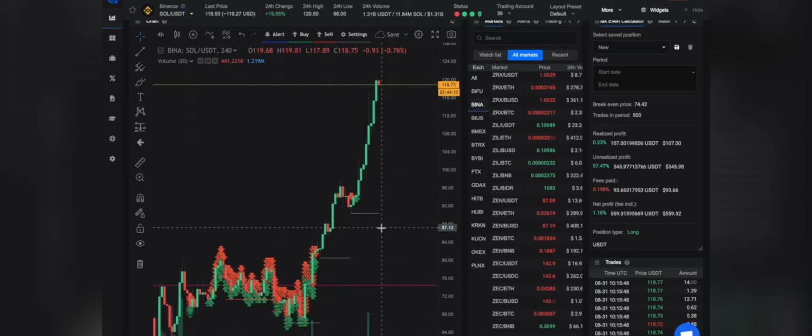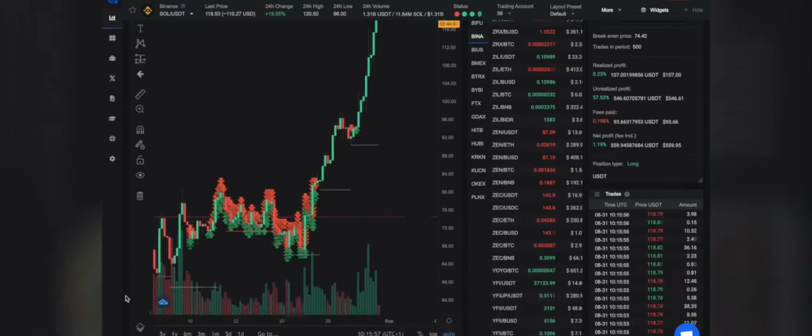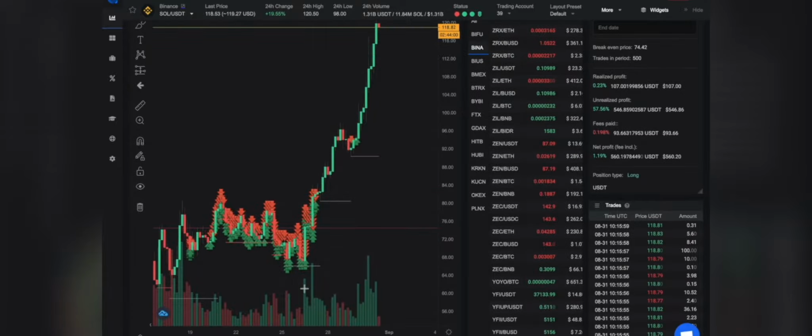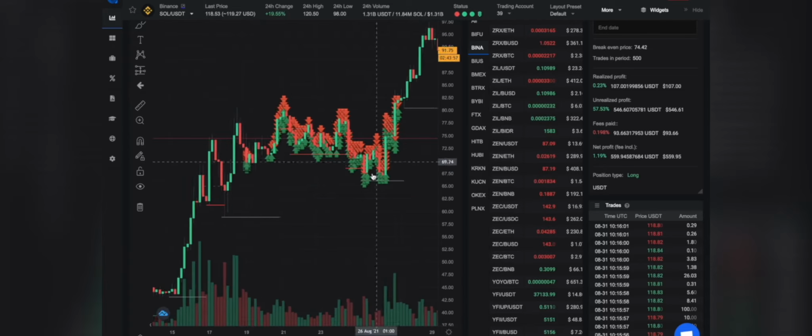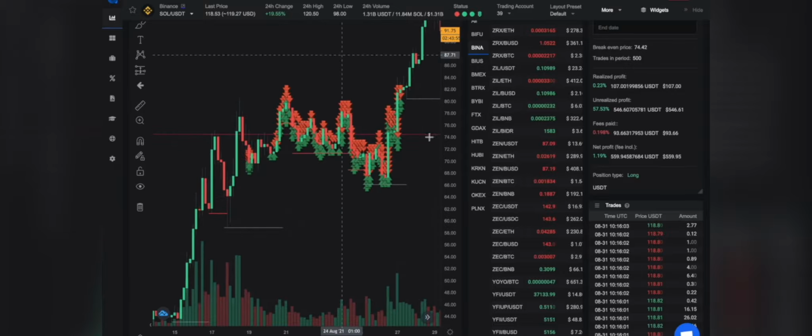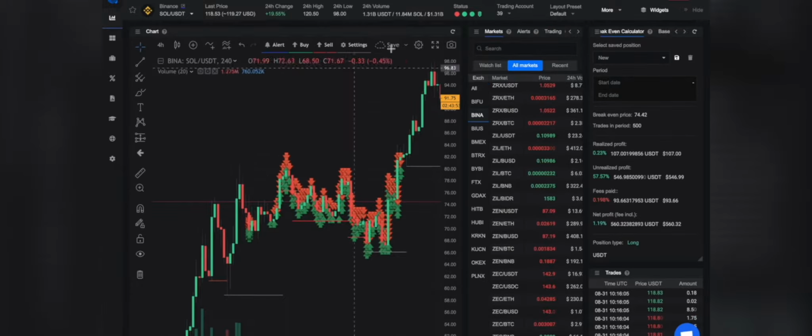So this grid bot works using the martingale strategy. The martingale strategy basically meaning that if we open a position, let me just draw it out so that I can explain it better.